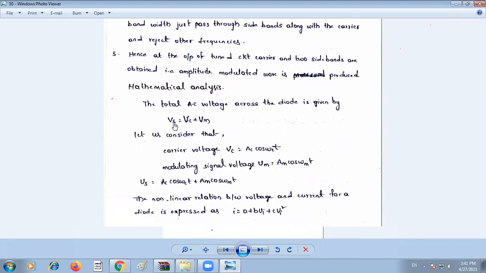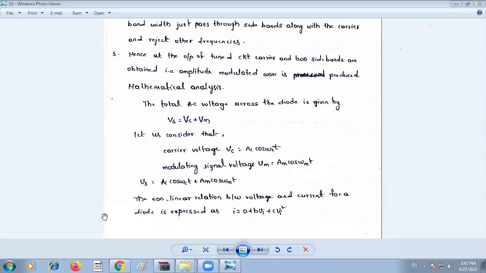That is the total voltage Vs. Let us consider that the carrier voltage VC is Ac cos omega ct, and the modulating signal voltage VM is Am cos omega m t. So now Vs is equal to Ac cos omega ct plus Am cos omega m t.